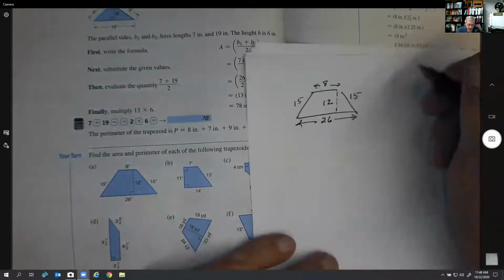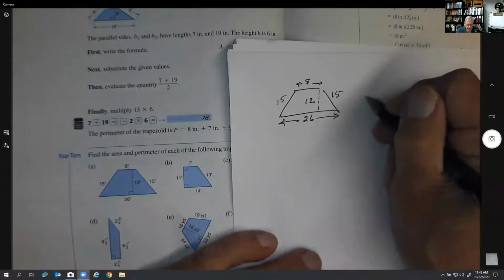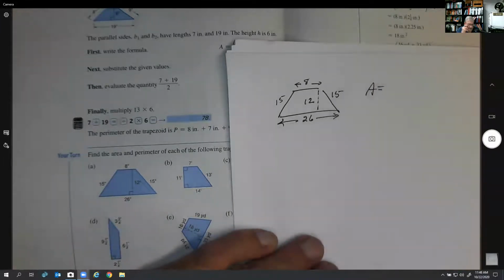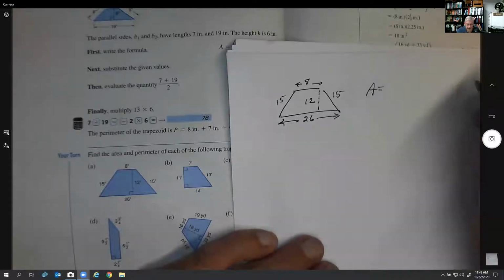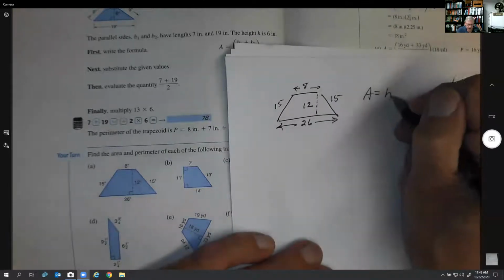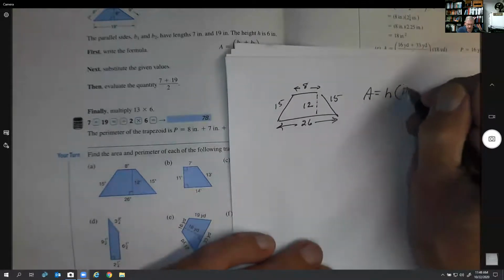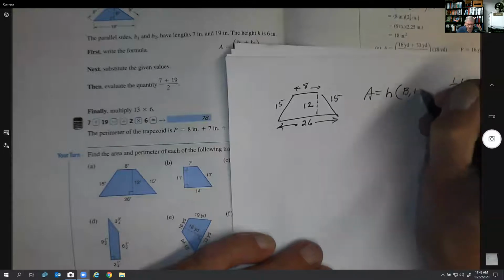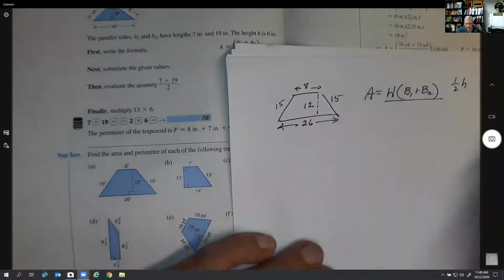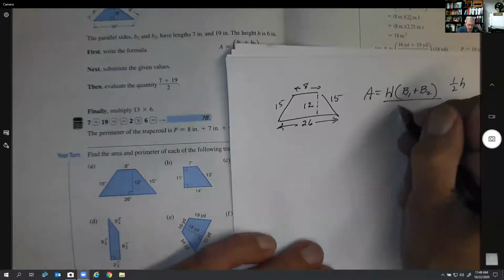Okay. The area of this is going to equal, and sometimes they write this as 1/2 h, but I think once you see a fraction, students get discouraged. So I like to write it as h times b1 plus b2, over 2. You don't have to use capital B's.